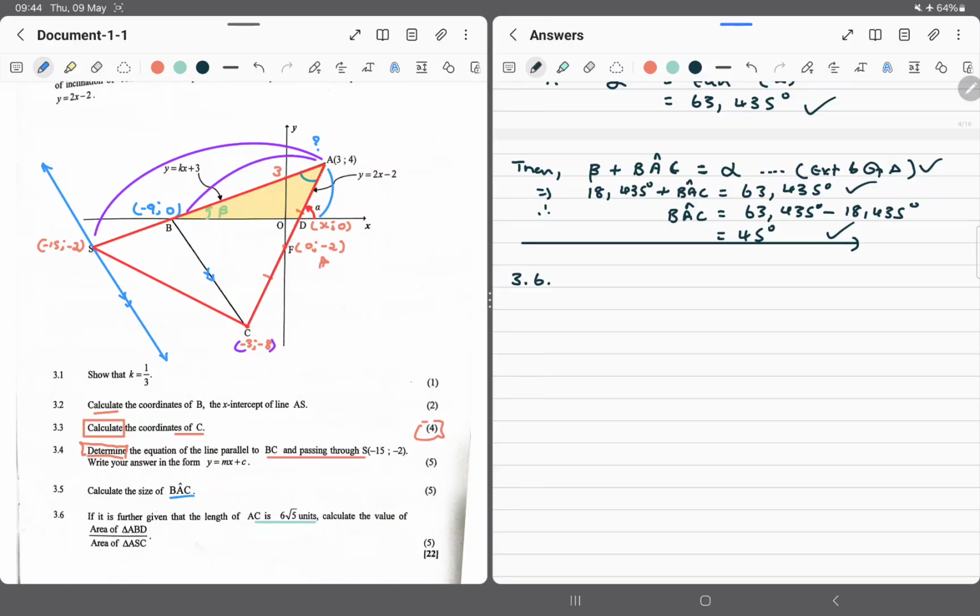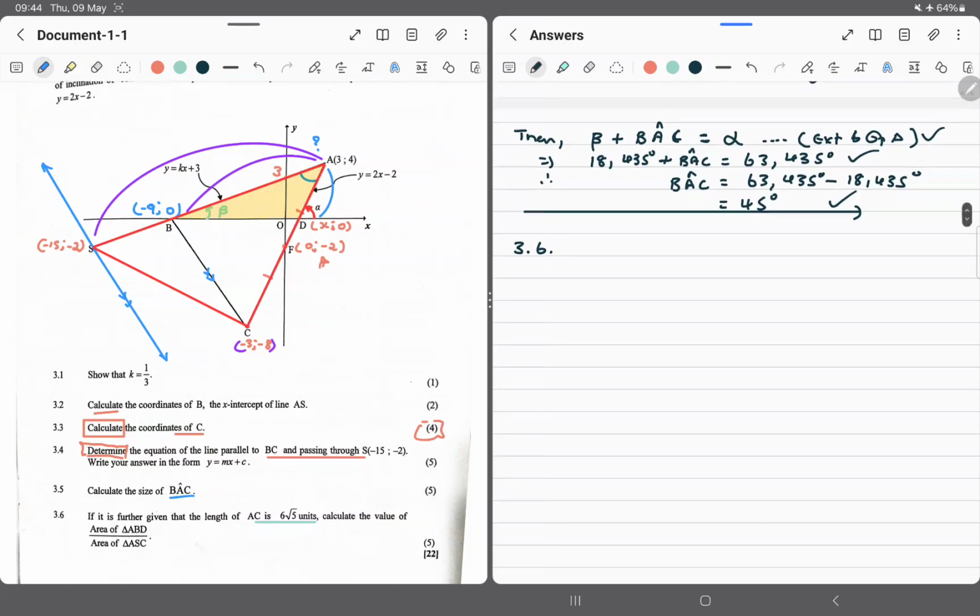Okay, not a big deal. Let us just do the things that can be done. First of all, let's find the coordinates of D. So usually the last questions are the nasty type of questions because the marks that are given, they don't match the amount of work you have to do.